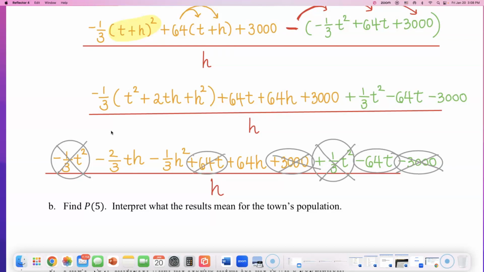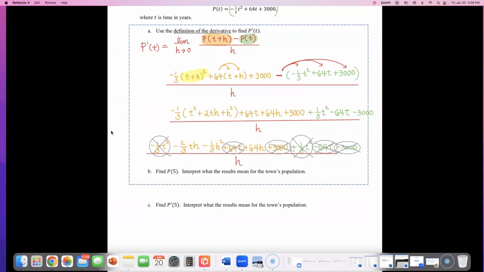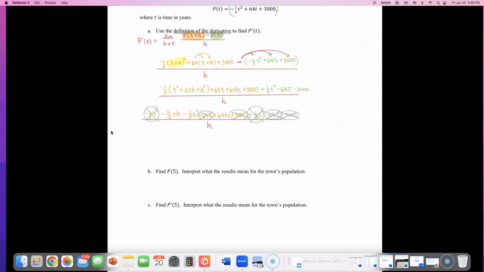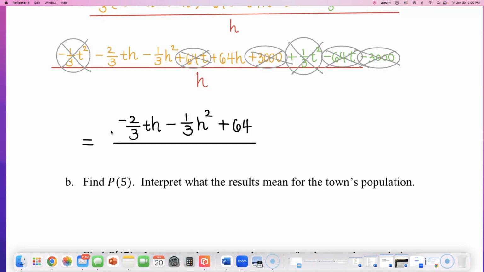So those are gone. So let's write down the leftovers. What's left on the numerator is negative 2/3 th minus 1/3 h squared plus 64h, all over h.